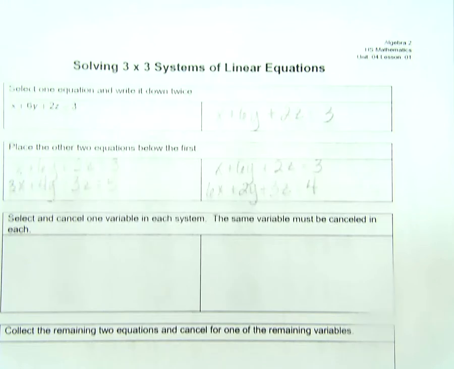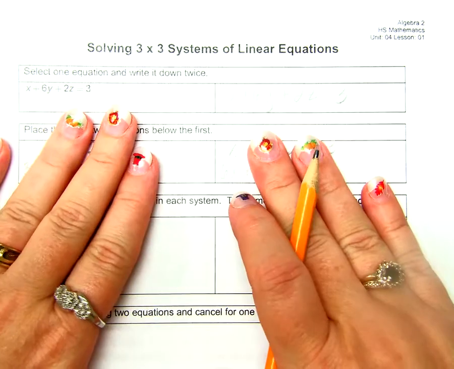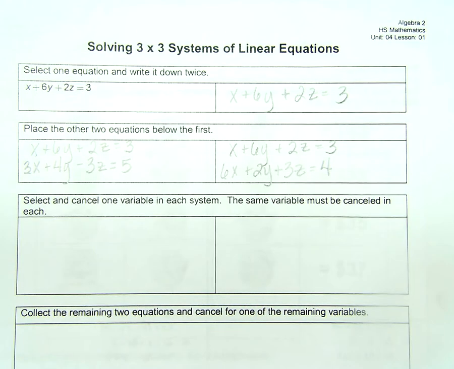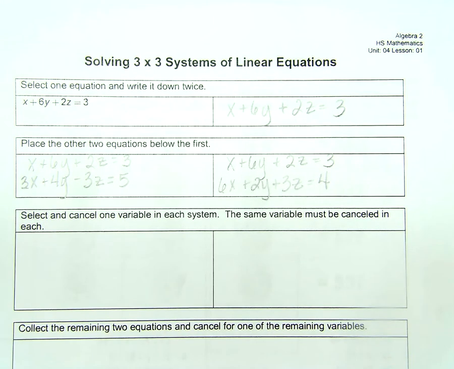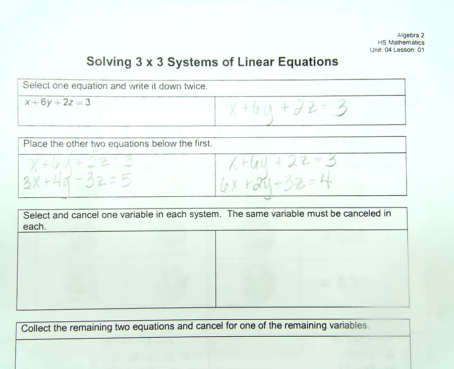Okay? What we want to do is choose one variable in each one of these two systems and eliminate the same variable from each of the systems. Does that make sense? So if I look at these first two variables and I decide I want to eliminate, which one do you think would be the easiest to eliminate? Z's are already opposite of each other, but they have different coefficients.